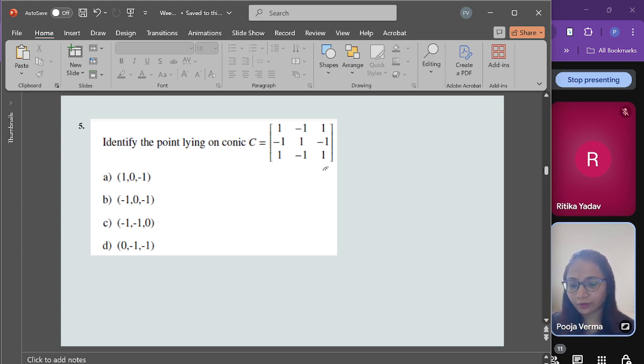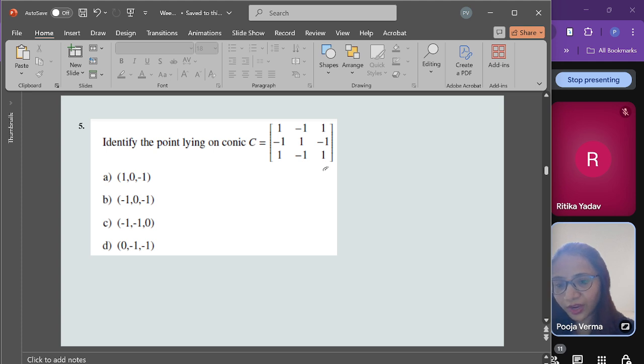So any one of you have any idea how to proceed with this question? So already the conic matrix is given. So conic matrix C is given.